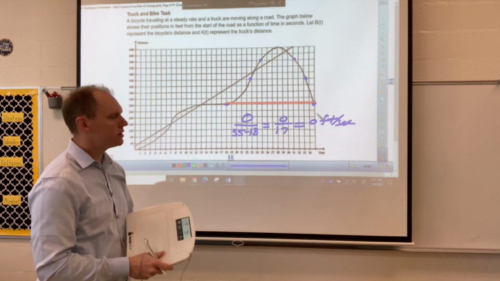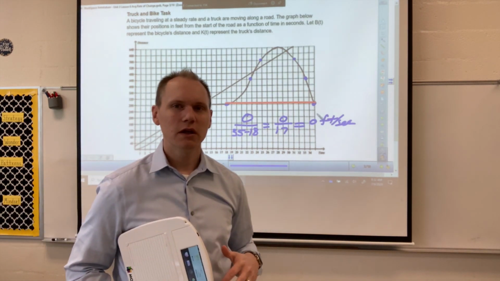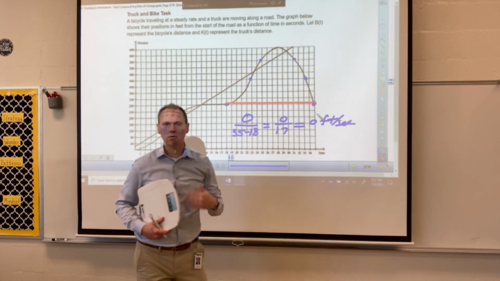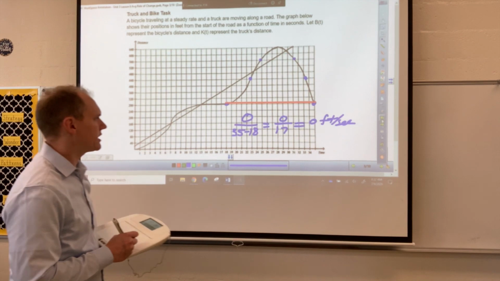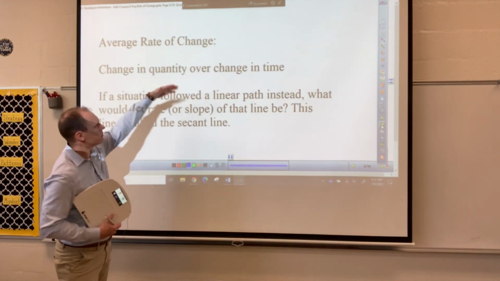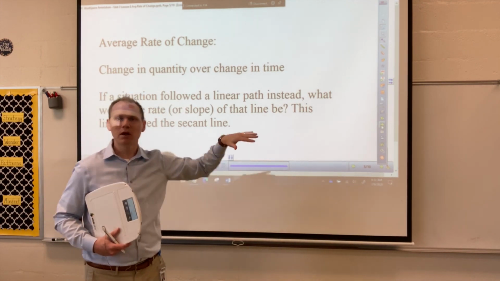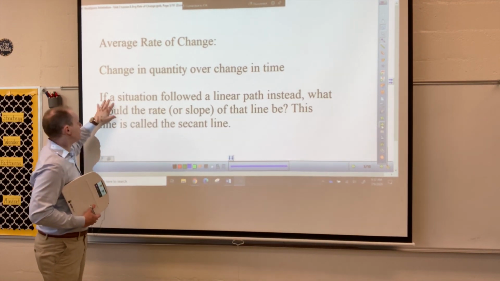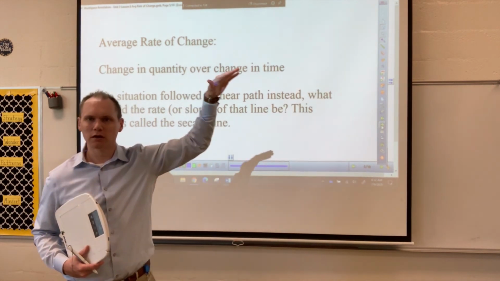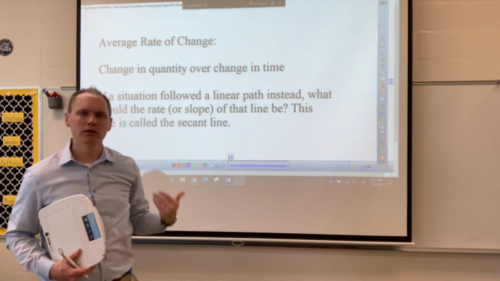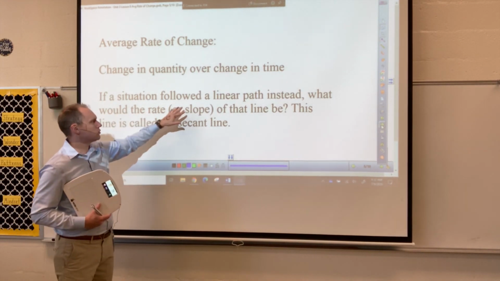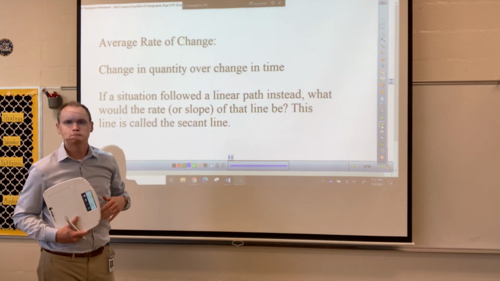So I wanted to introduce this new idea here, the slope of what we call the secant line. So let's go to our second definition of average rate of change. So we have change in quantity over change in time. Yes, we kind of talked about that, but you can also think about it this way. If a situation followed a linear path instead, so obviously this truck is non-linear, but if it did travel a linear path in some time interval, what would the rate or slope of that line be?